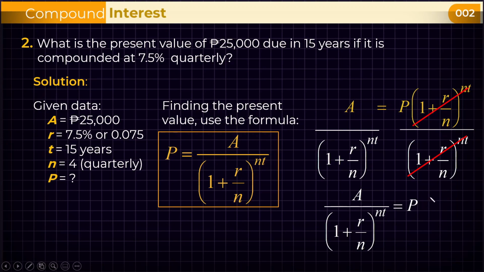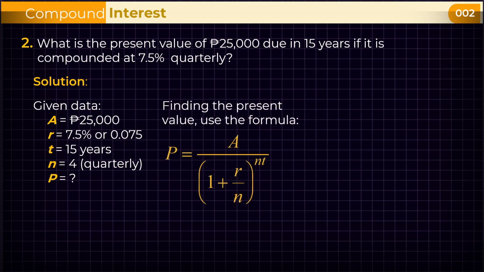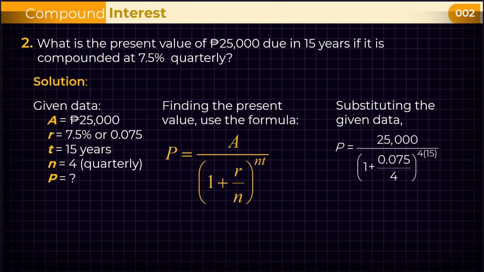An alternative solution for that is when we make use of negative exponent. And so multiplying A to that expression 1 plus R over N raised to the negative NT power. And so by substitution, we now try to substitute all the given to this formula, where A is 25,000, the rate is 0.075, N is 4, and then NT will be 4 times 15.